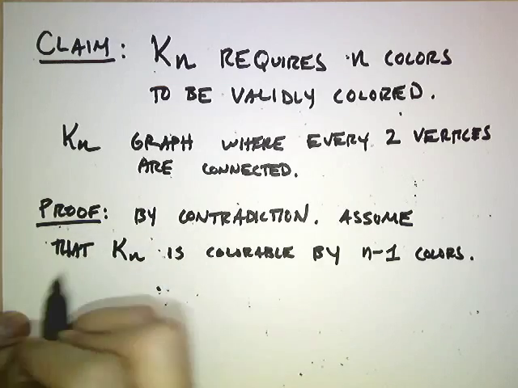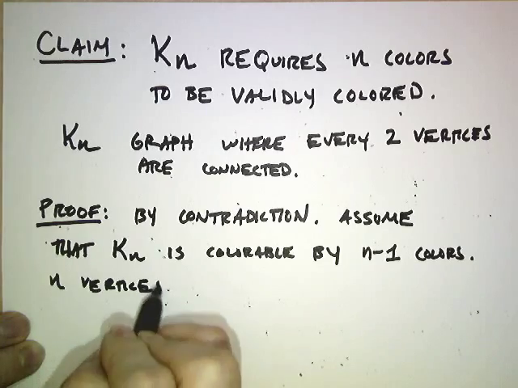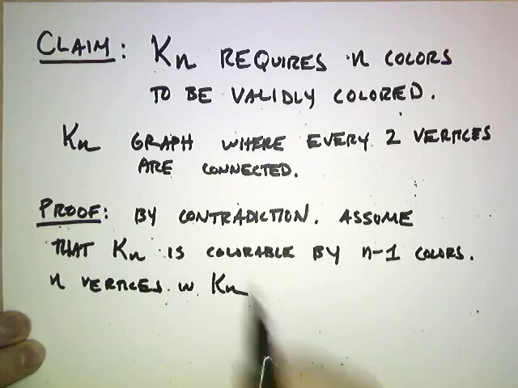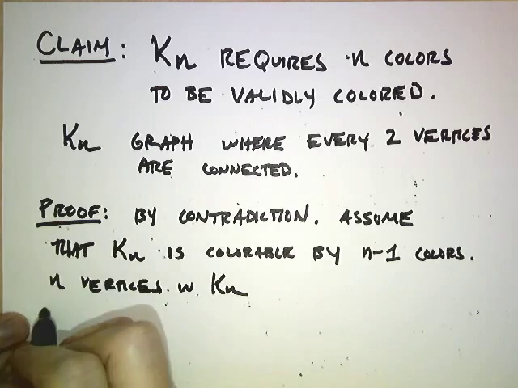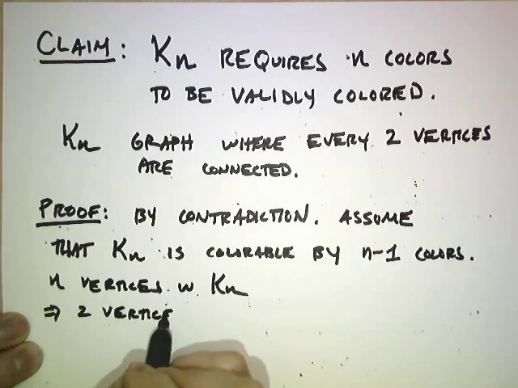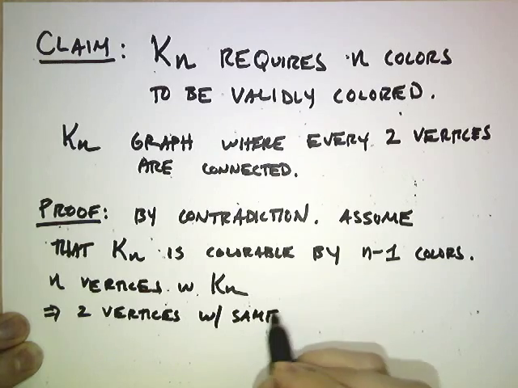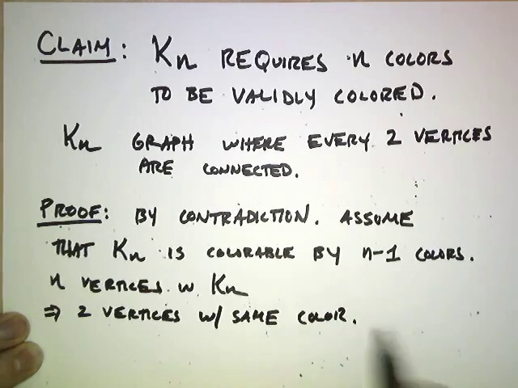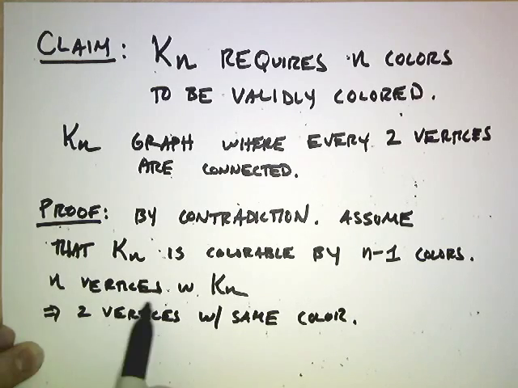So it's colorable by n-1 colors. That means, and remember, there are n vertices in Kn, but we're only using n-1 colors. This implies that there are two vertices with the same color, right? If we're only using n-1 colors and our graph has n vertices, it must be the case that there are two vertices that have the same color.